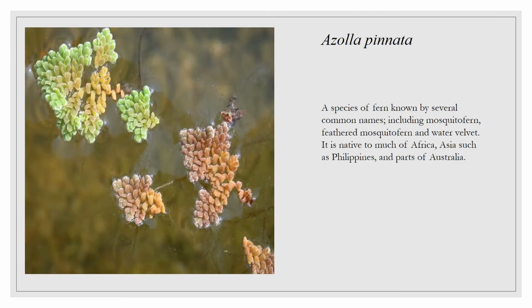This is an example of the genus Azolla. The species, namely Azolla pinnata, a species of fern known by several common names including mosquito fern, feathered mosquito fern, and water velvet. It is native to much of Africa, Asia such as the Philippines, and parts of Australia.